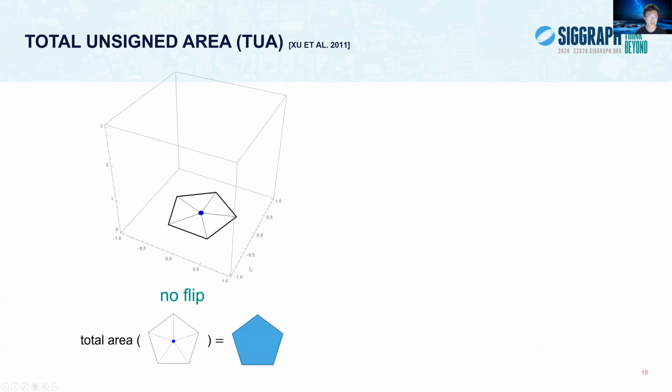A key observation is, when the map boundary is fixed, if there is no flip, the total area of triangles will be equal to the area of the fixed domain. Actually, we can plot the total unsigned area energy as a function of the blue vertex, as shown here. You can see, in the middle, there is a flat plateau region.